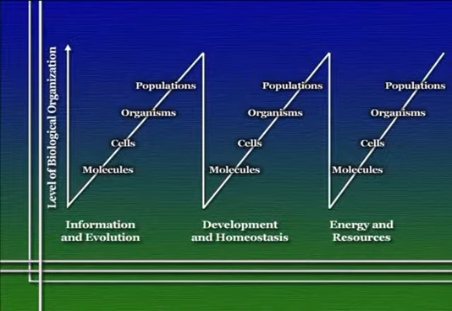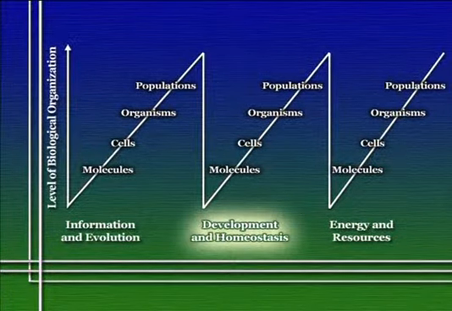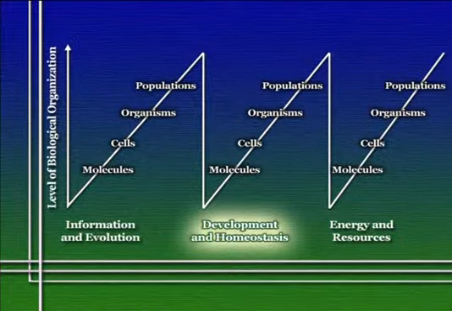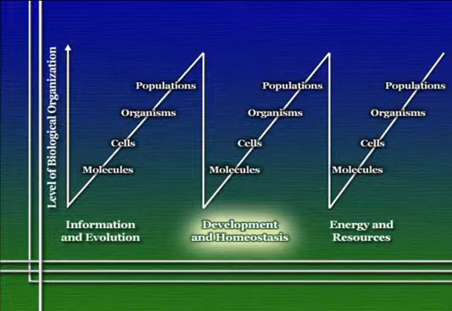And that's where we are now, as we begin the middle third of the course, returning to the level of molecules and cells, but looking at them from the context of the theme of development and homeostasis. Now, before we move on, I want to take a few moments to remind you where we've been so far.